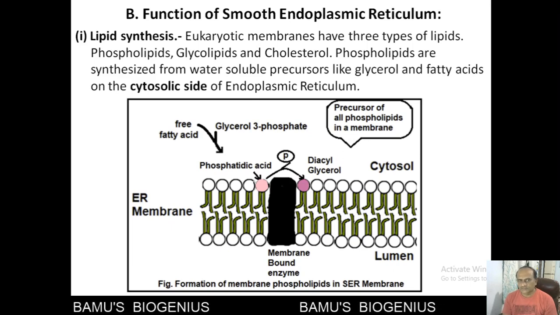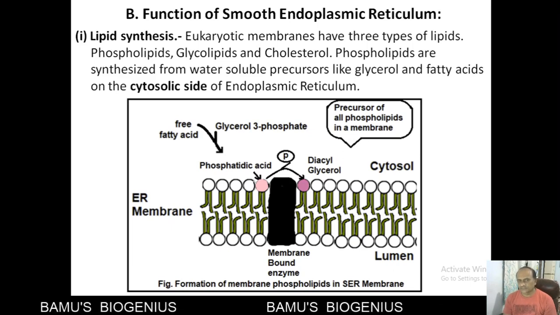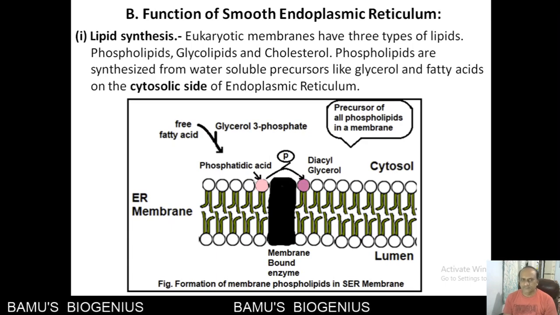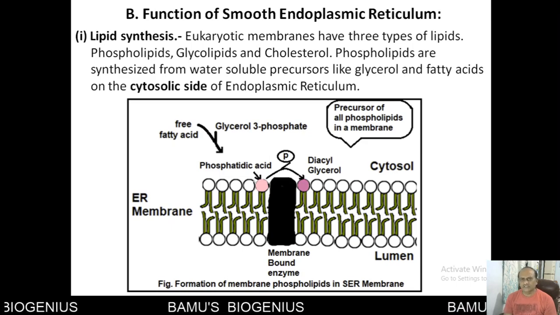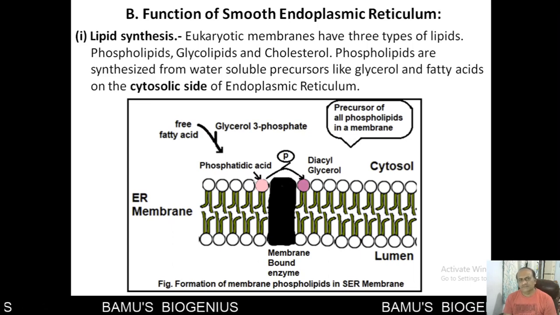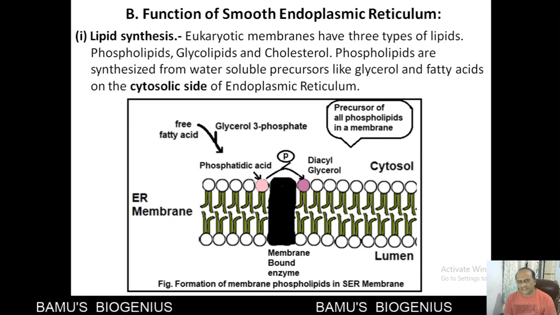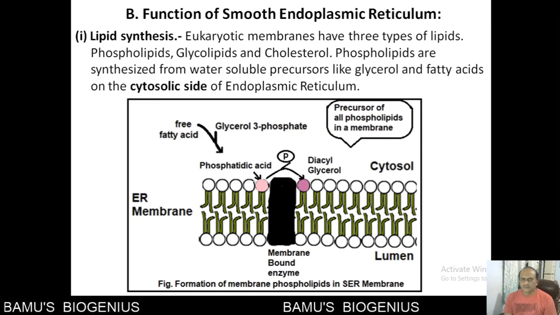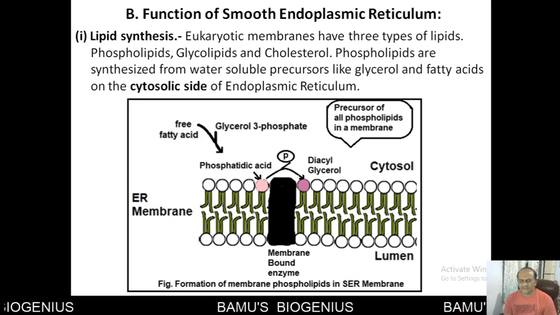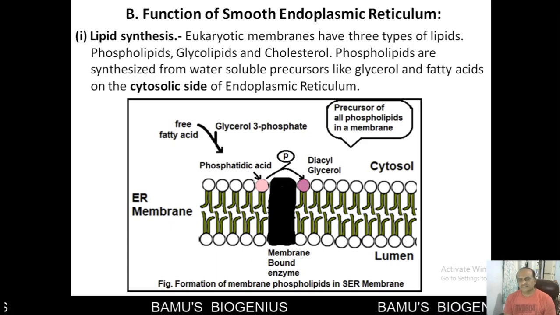Now we will discuss the functions of a smooth endoplasmic reticulum. The first function is lipid synthesis. As you know, the eukaryotic membranes are made up of three different kinds of lipids: phospholipids, glycolipids, and cholesterol. Out of this, phospholipids are synthesized with the help of glycerol 3-phosphate and free fatty acids. There is one membrane-bound enzyme present in the ER membrane, and it has the active site towards the cytosol.